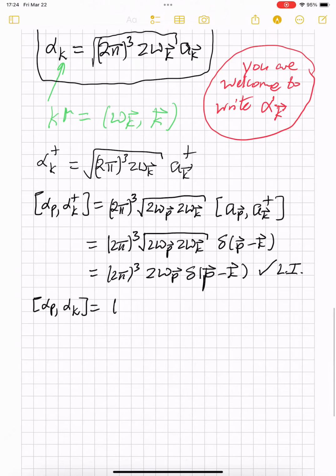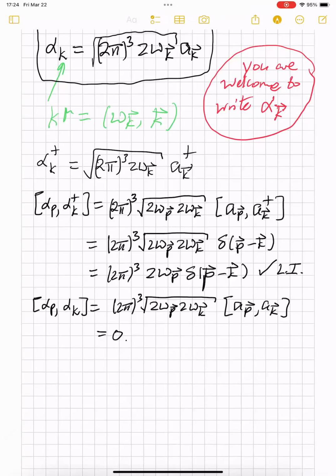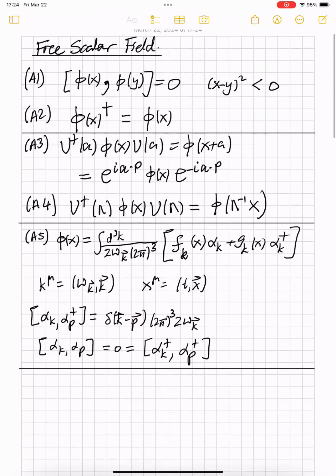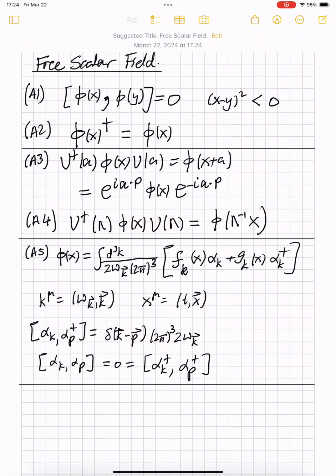So again, we've got the factors, 2π cubed, the square root of 2ω_p, 2ω_k, and then we've got the commutator between a_p and a_k. And of course, that commutator vanishes, so this is just 0. And in exactly the same way, I invite you to check that [α_p dagger, α_k dagger] is also 0.